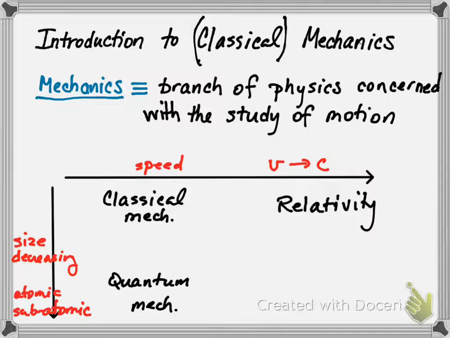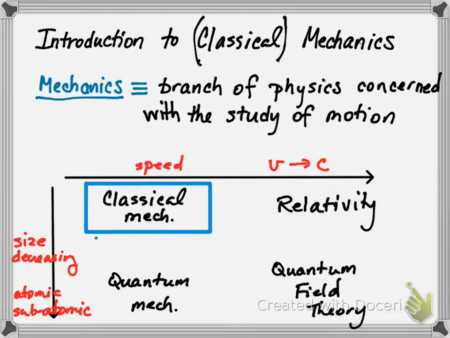If you have subatomic particles that are also moving very fast, the name of the study of that is quantum field theory. That is well beyond most undergraduate educations. Usually, even in a particle physics class at the level of undergrad, you don't usually talk about much quantum field theory. So for this series of videos, we're going to be smack in this area here, classical mechanics.